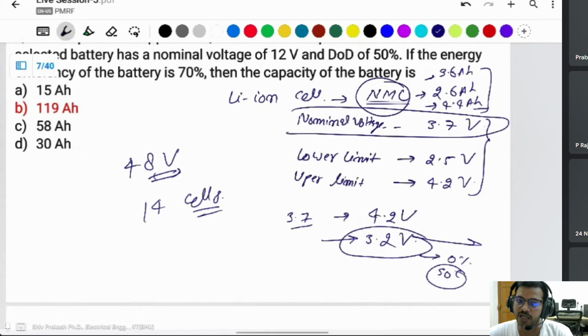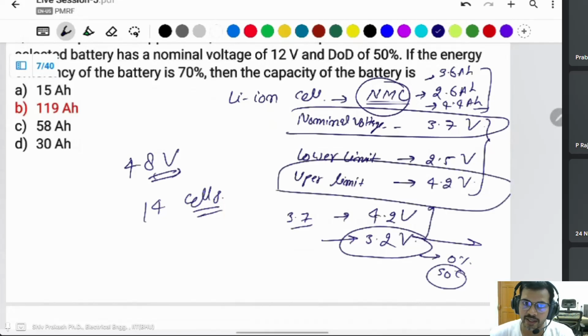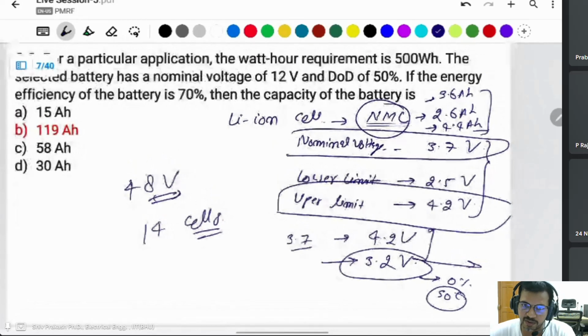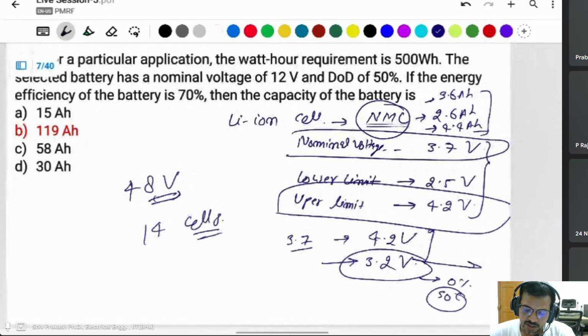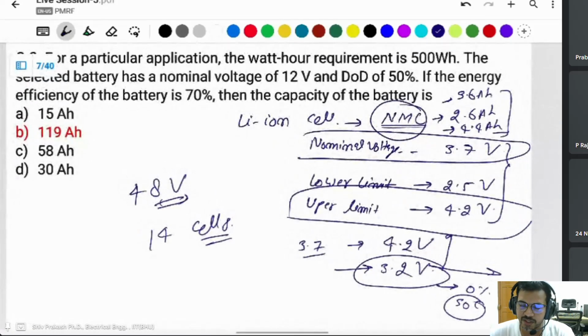If you touch this limit, then it shows 0% SOC. This is only for the protection of the battery. That's why DOD is never 100%. Some charge always remains. That's why DOD is a parameter of a battery which you can select.